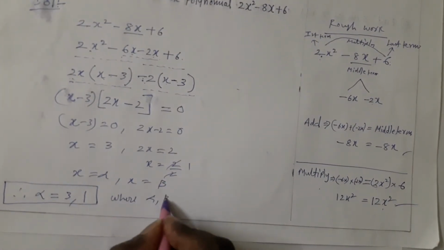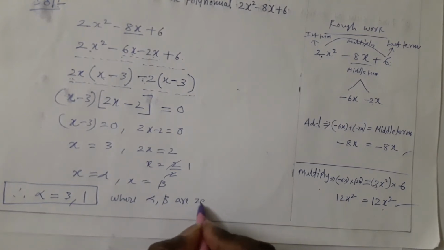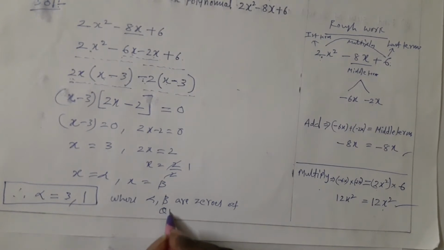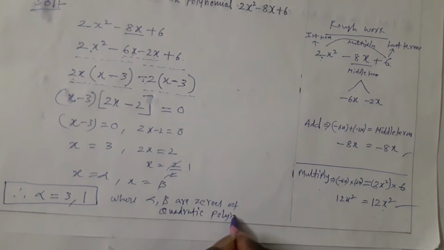Where alpha and beta are zeros of the quadratic polynomial.